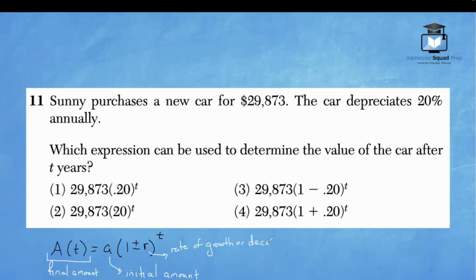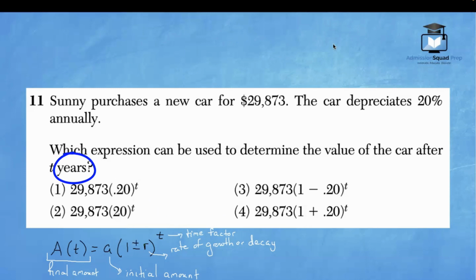We know it's growth when we're adding the value r, and it's going to be decay when we're subtracting. And finally, t represents our time factor. It could be months, days, years. It all depends on what's mentioned in the problem. So in this case, our time factor is represented by years.